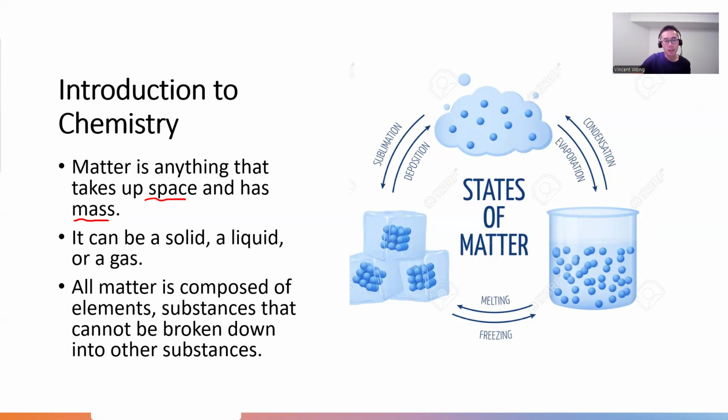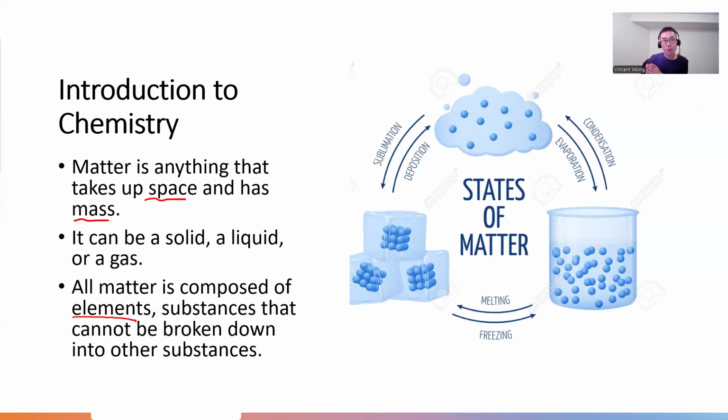So all matter is actually made up of elements. And elements, by definition, are substances that cannot be broken down into other substances. Okay, so if you think of oxygen as an element, you can't break down oxygen further to create a new substance.